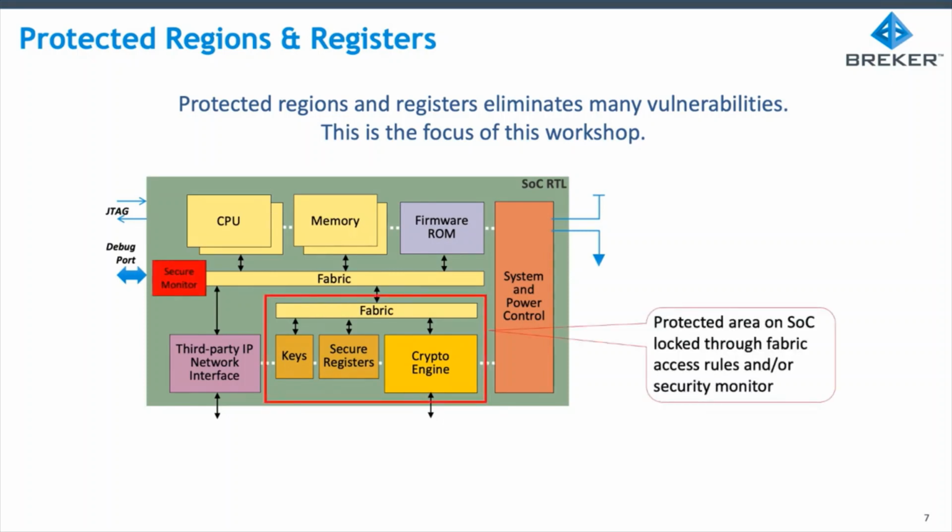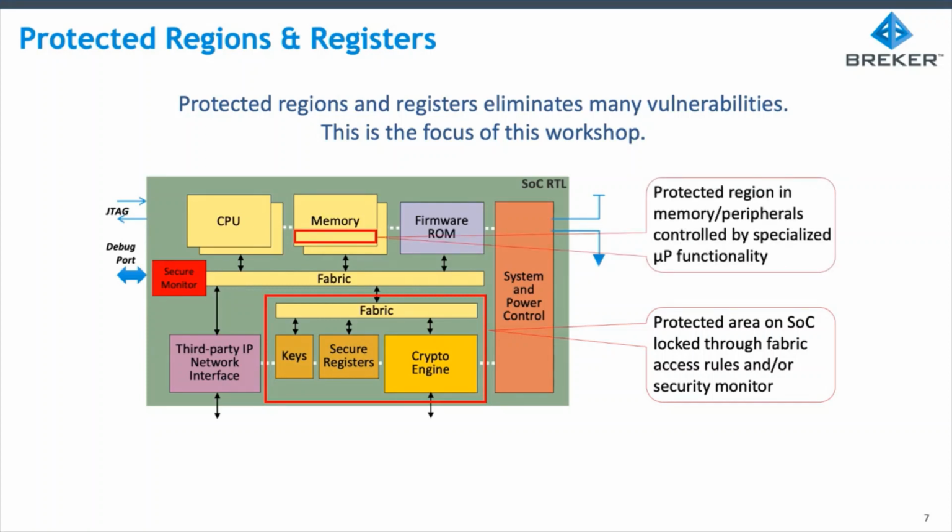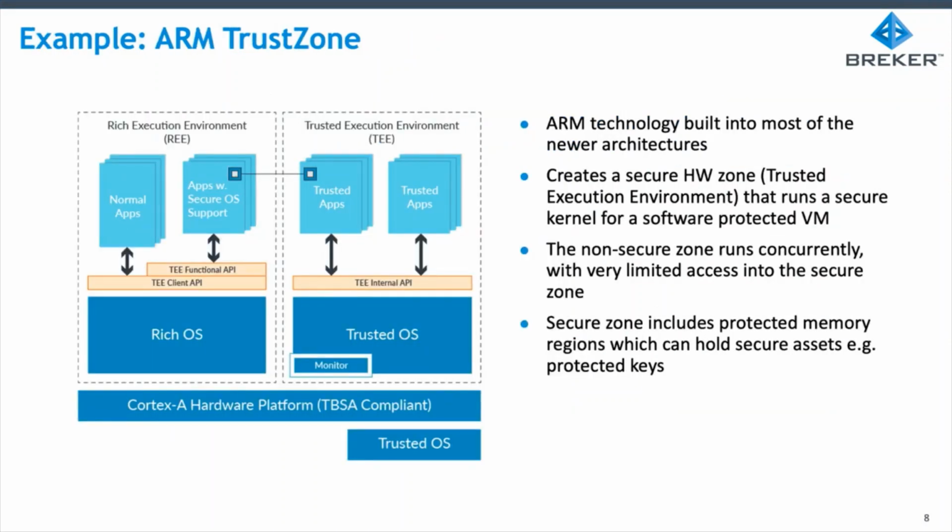For example, critical functions on the SoC may be contained within a protected region for which access may be controlled using a secure monitor on the fabric. Similarly, regions in memory that contain critical information can also be protected using the same secure monitor. A good example of this is the ARM TrustZone technology.